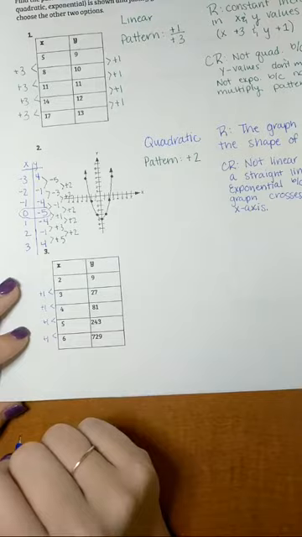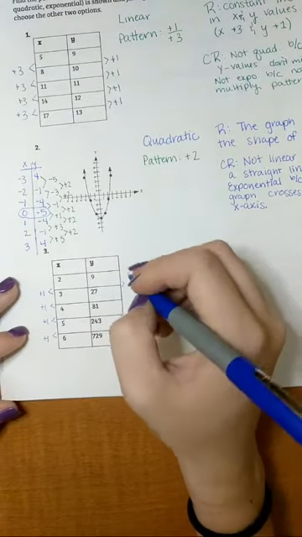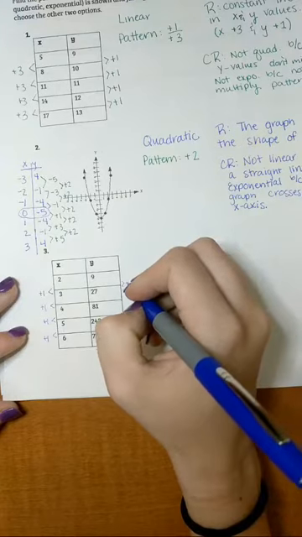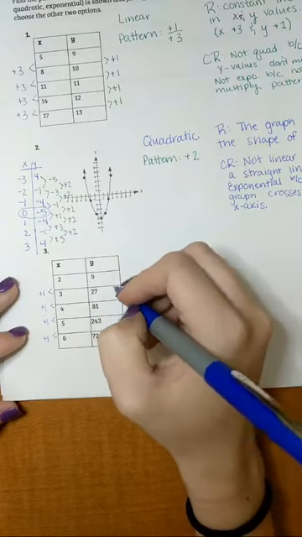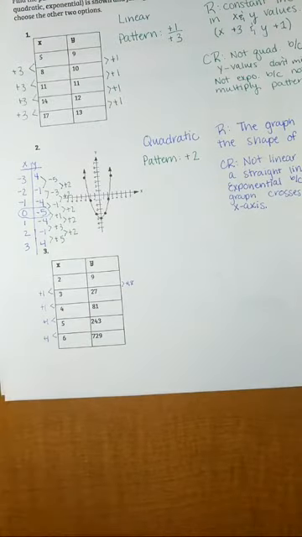So that's linear. But here I'm adding 18, and then I'm adding a lot more than 18 here. So that is not the pattern for this one, for the y values.